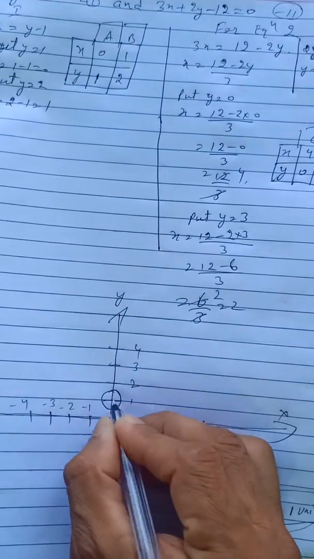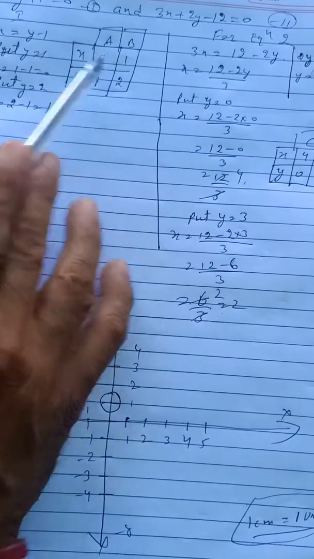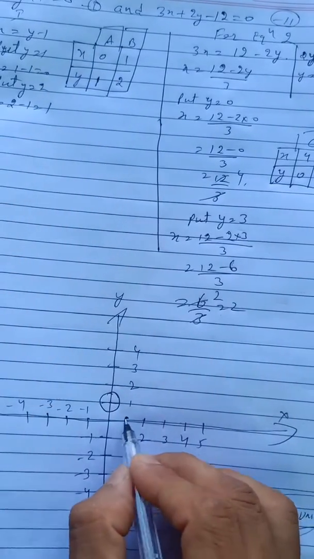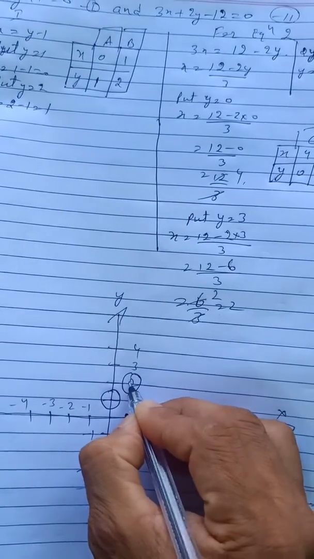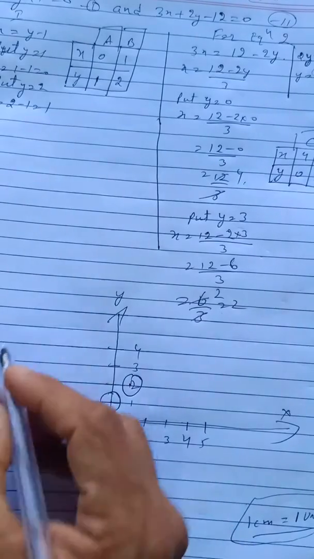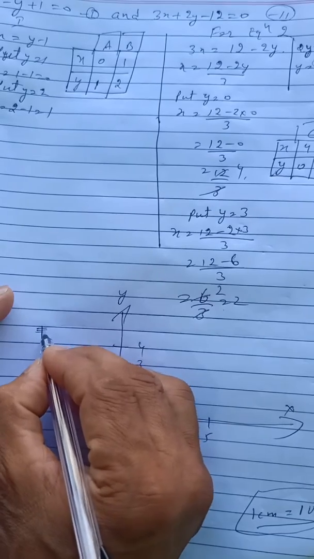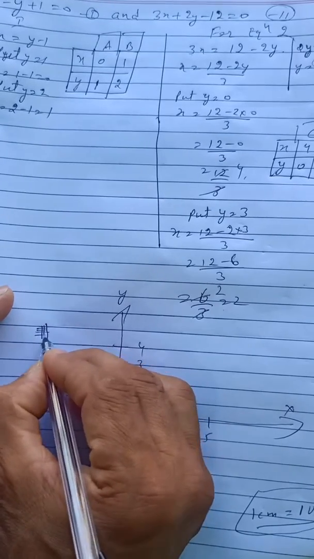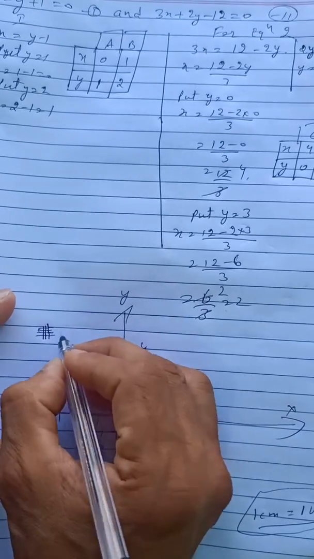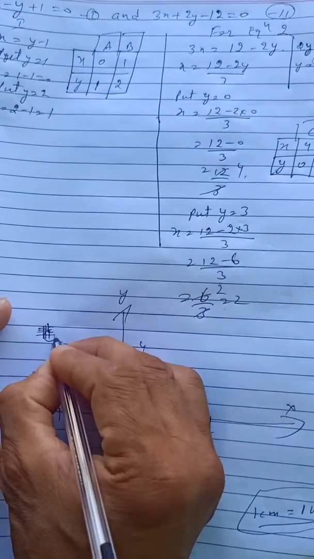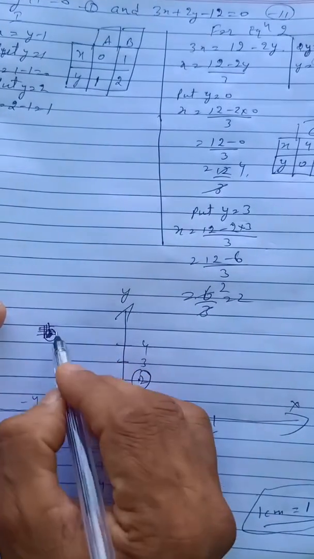The point x 0, y 1 is this point. The point x 1, y 2 is this point. If you need boxes in the graph, this is the point, so you have to do this the proper way; the other way is wrong.